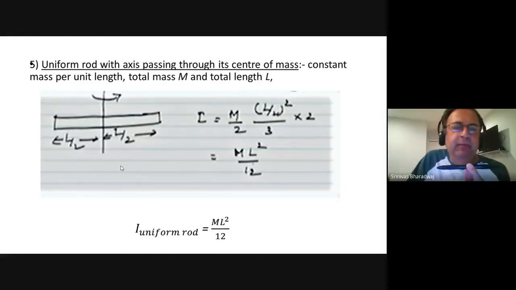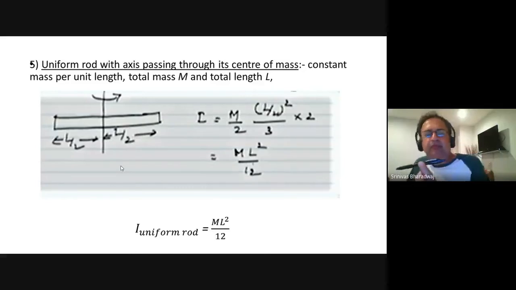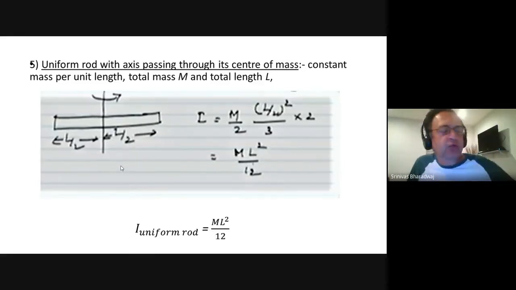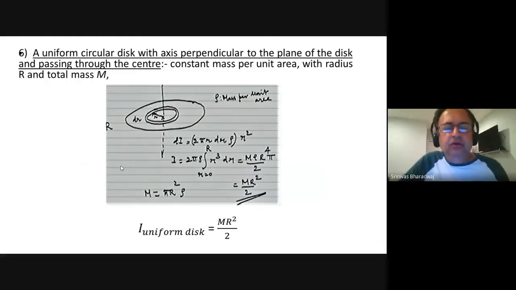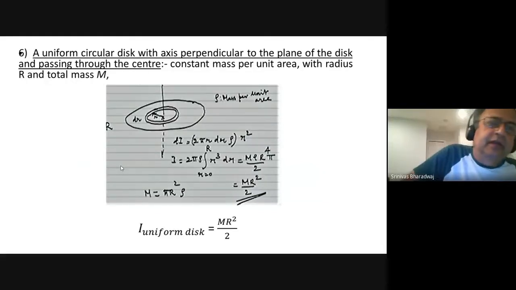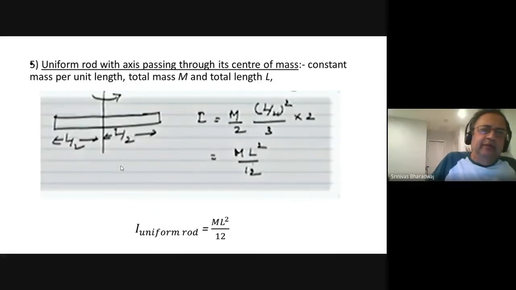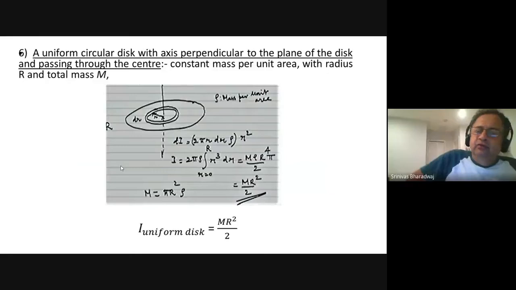So ml square by 12 plus ml square by 4 will give you ml square by 3. So remember the parallel axis theorem, and you end up with ml square by 3, right? You can use that to solve some of these problems.